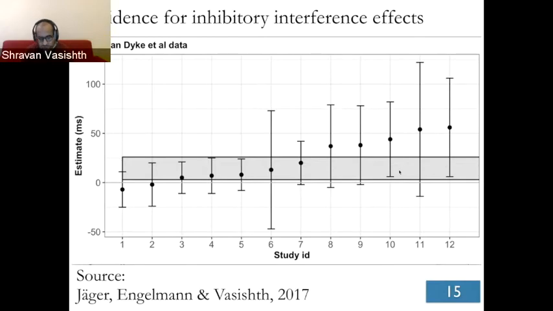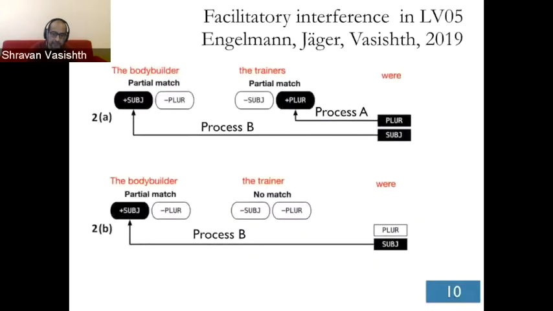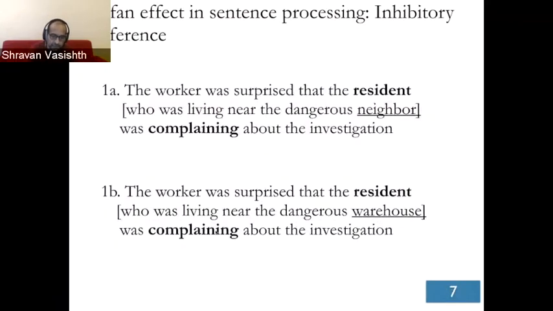This gray bar that you're seeing is an estimate of the overall effect across the 12 studies, so this is a meta-analysis estimate. This is what we have learned from these 12 studies about the range of the fan effect in the sentence processing manipulations that Julie carried out. These were things like the examples I showed you earlier at the beginning of this talk; these sentences are from Julie's experiments.